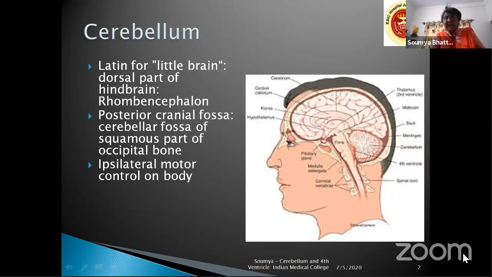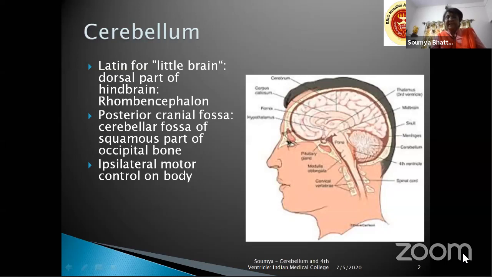Ipsi means same-sided, so it is same-sided control of the body. The antonym for this word is contralateral, and it is more concerned with the motor control of the body. We will see more about it when we do the clinical anatomy.